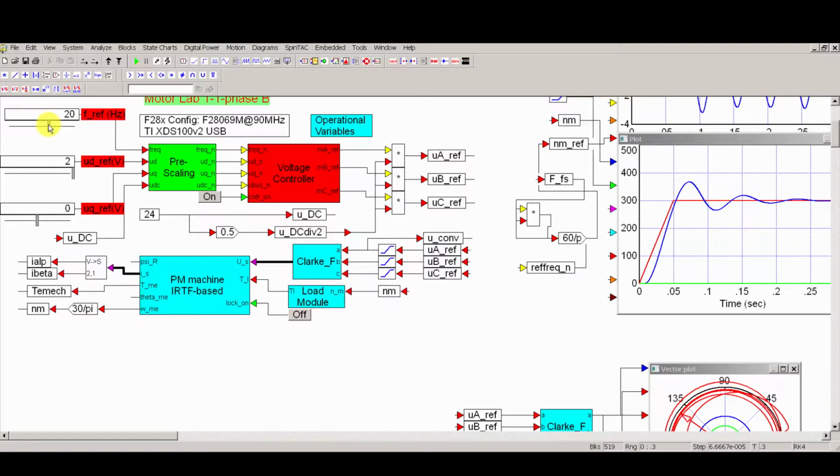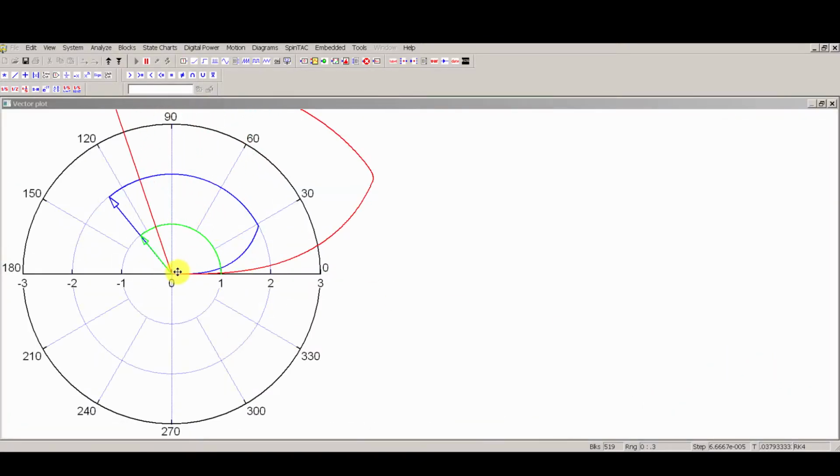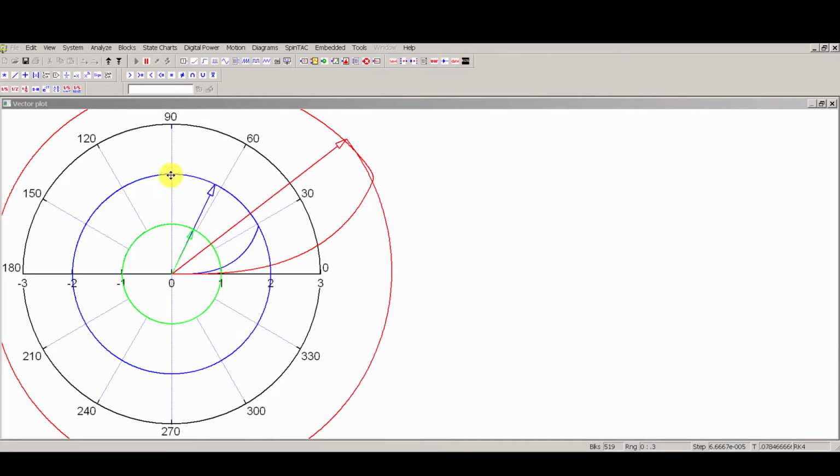Because it's rotating, that sets the speed of the machine also. And if we set a higher frequency, this will rotate faster. So now we should see this one in this direction at 2 volts. Let's have a look what happens. And again, we do this in the workshop. And here you see it. It is there, 2 volts. Do you see that blue vector?